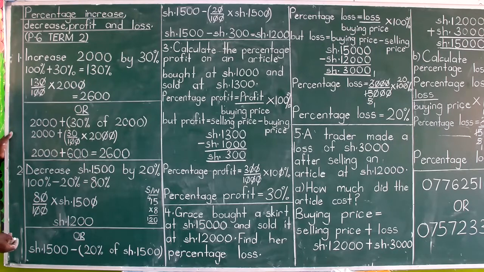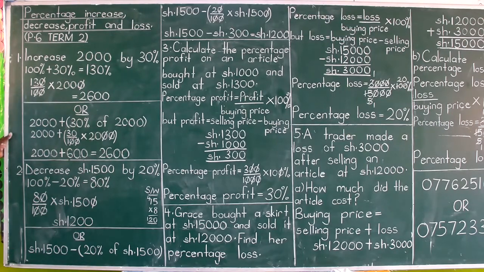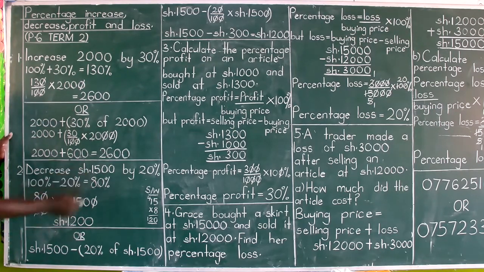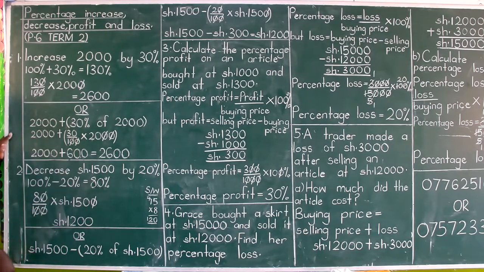So what do we do now? We are going to subtract to respond to the word decrease. You are going to lessen. So from the original, it's 100% minus 20%, which is 80%. Now use that 80% in terms of a fraction and multiply by 1,500. So you say 80% means 80 out of 100.